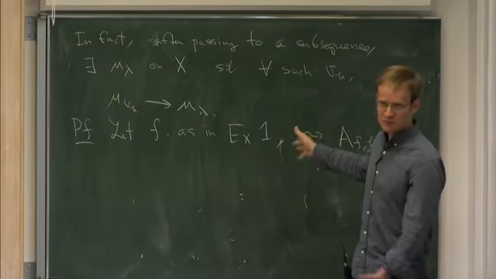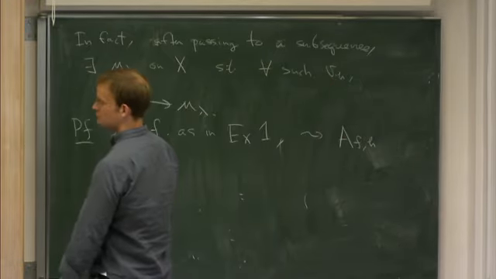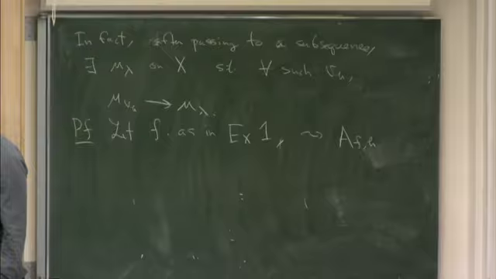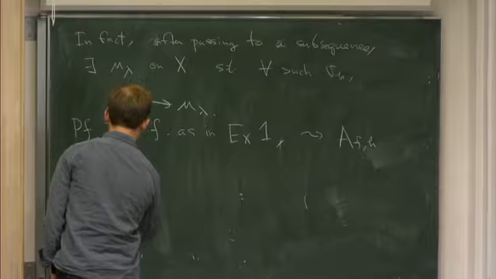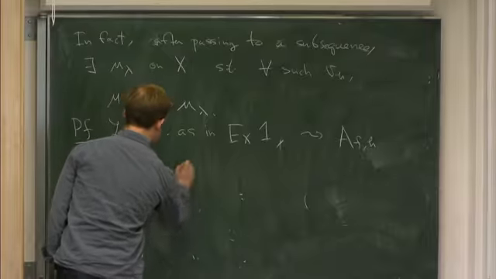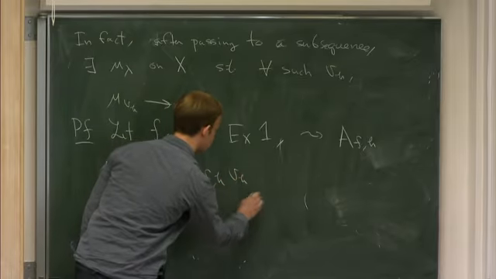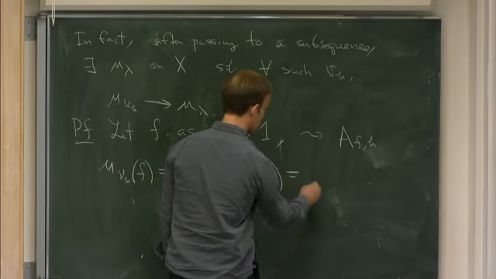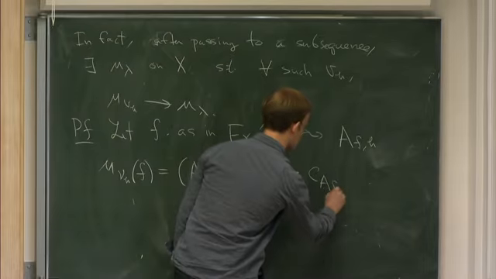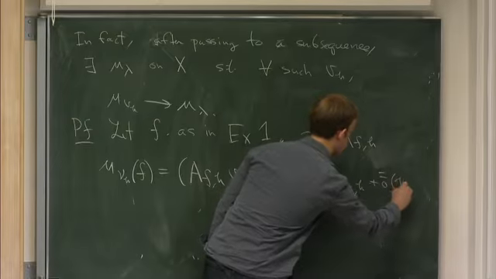These were approximately equivariant by integration by parts. And by the assumption that lambda is irreducible, we get that mu v h of F, which is just the same as this matrix coefficient, will equal some C A F lambda h plus little o of 1.